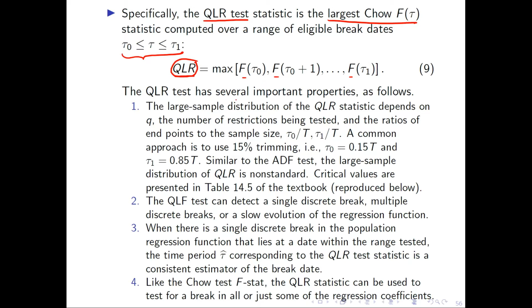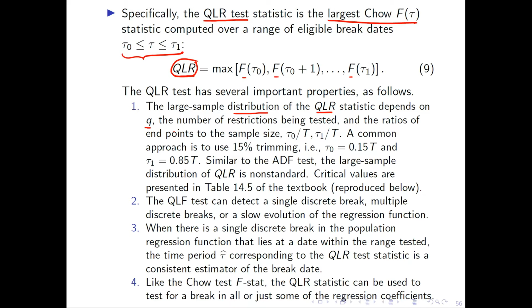One of the most important properties is that the distribution of the QLR statistic depends on q, which is the number of restrictions being tested in the model.